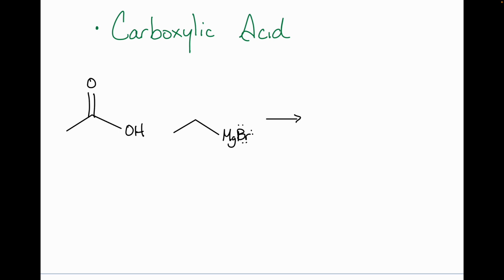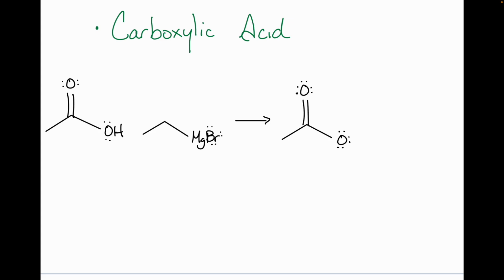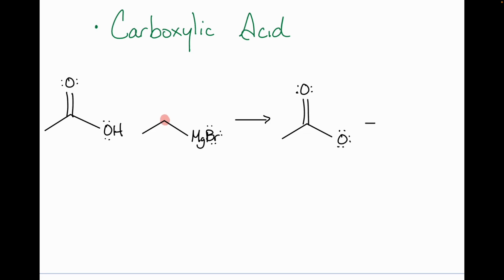we would deprotonate that carboxylic acid to create that carboxylate ion. And to be clear, our proton acceptor would be that carbon.